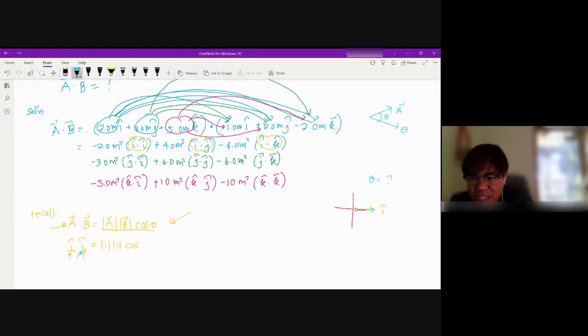But here we have i hat and i hat, so what's the angle between the two? The angle between the two is equal to 0.